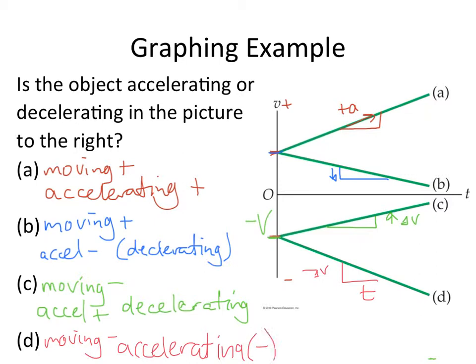It's going faster and faster in the negative direction because this negative acceleration is, you might say, enhancing the negative velocity that it had right there. So these are 4 different possibilities that you can have. So it is certainly possible to have an acceleration and yet be coming to a stop, because if you're going backwards but you have a positive acceleration, you're actually approaching zero velocity. And then you'll probably start moving forward after that.